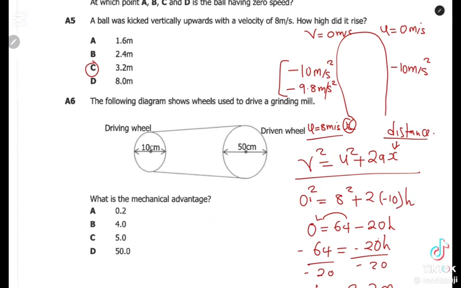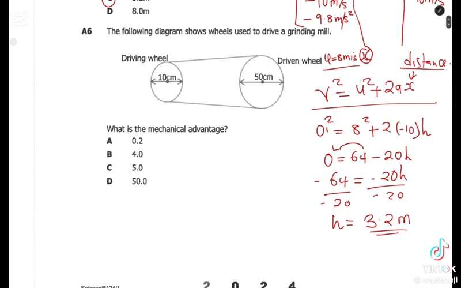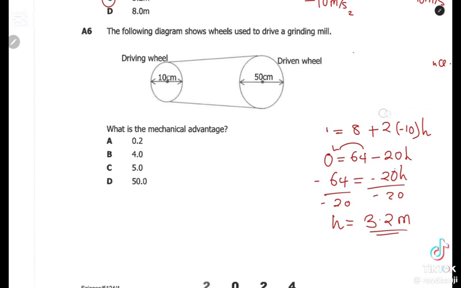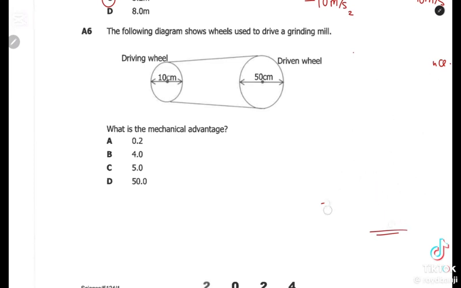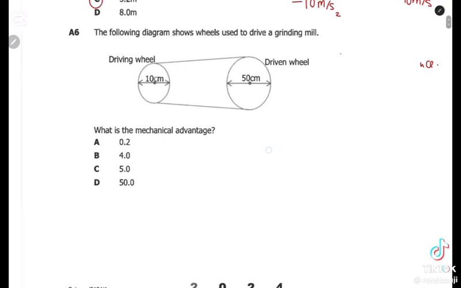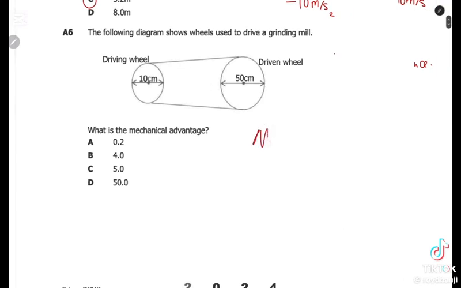All right, we continue with question 6. It says the following diagram shows a wheel used to drive a grind mill. What is the mechanical advantage? The mechanical advantage is equal to the driven wheel divided by the driving wheel.